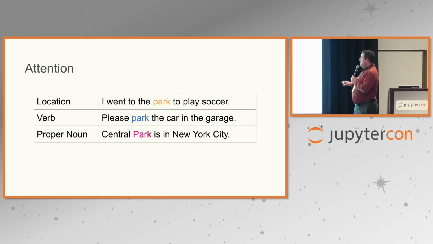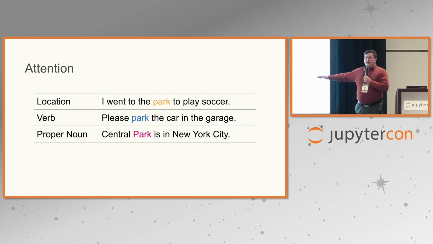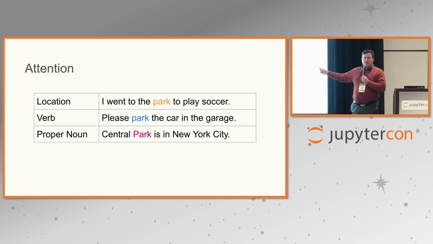But something like the word park in these three sentences means slightly different things. It depends on where it is in the sentence, and it depends on the other words in the sentence. And so this is what they were trying to solve with this attention layer: being able to change the meaning of the word park based off of the other words that were in the sentence.